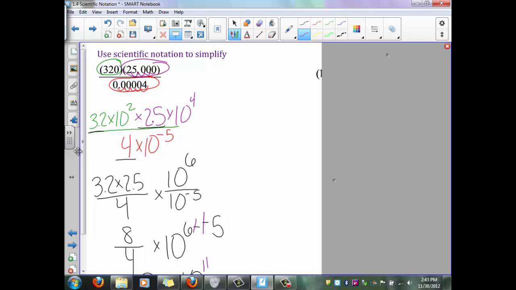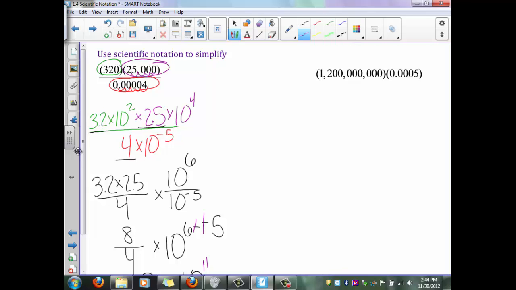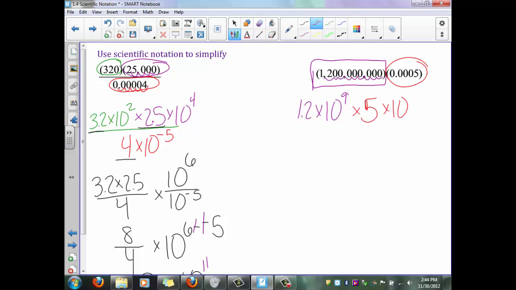Now we've got one more to look at. Same idea here. Let's take this number into scientific notation first. So 1.2 times 10 to the 1, 2, 3, 4, 5, 6, 7, 8, 9. And our second one, we have times 5, times 10 to the 1, 2, 3, 4.